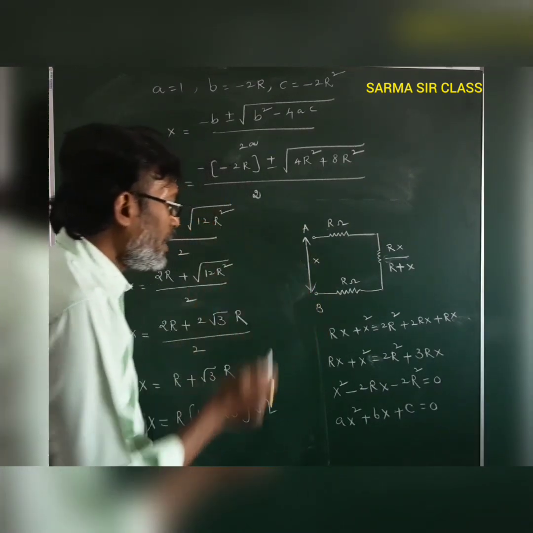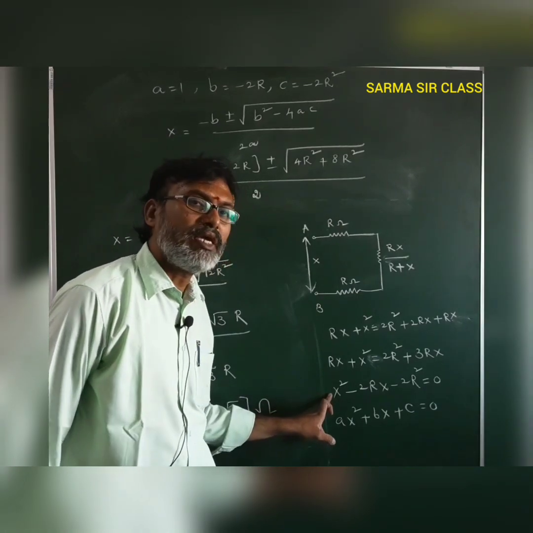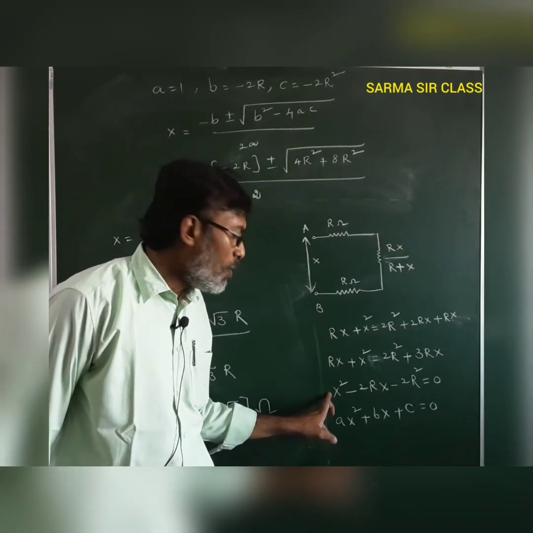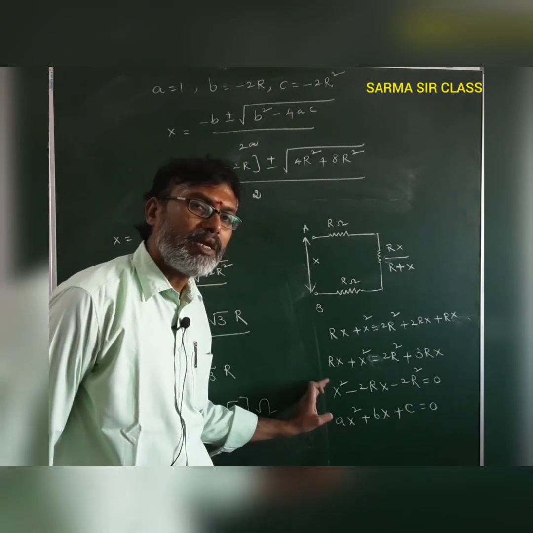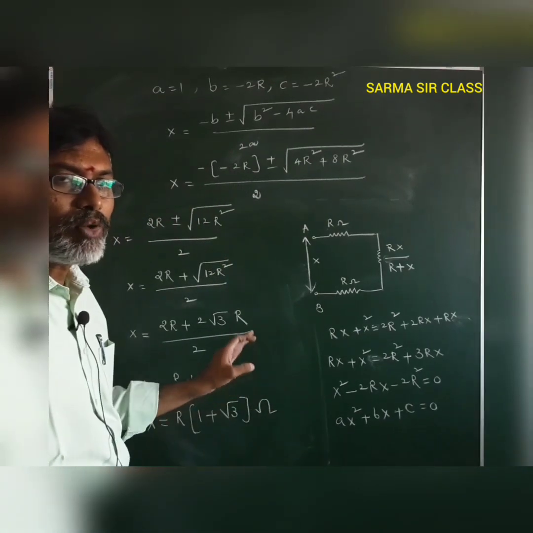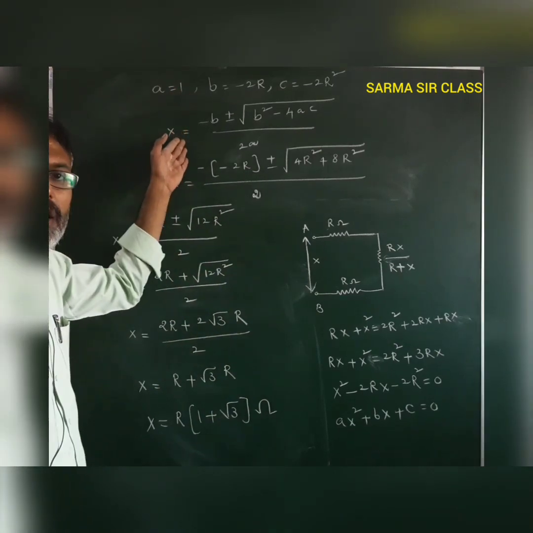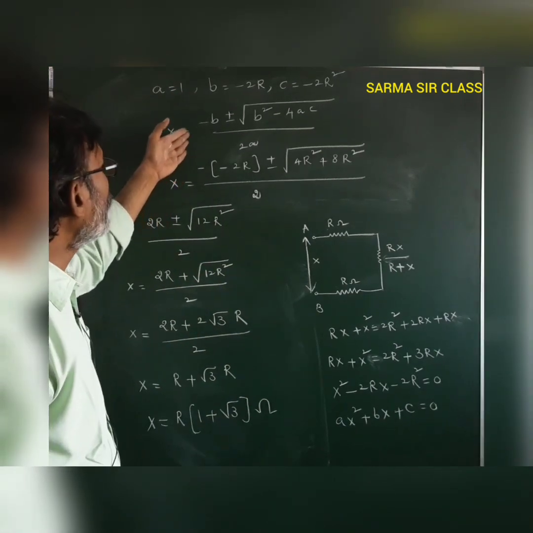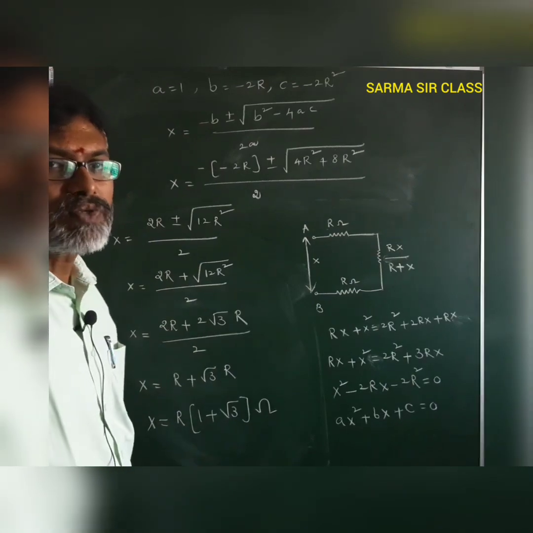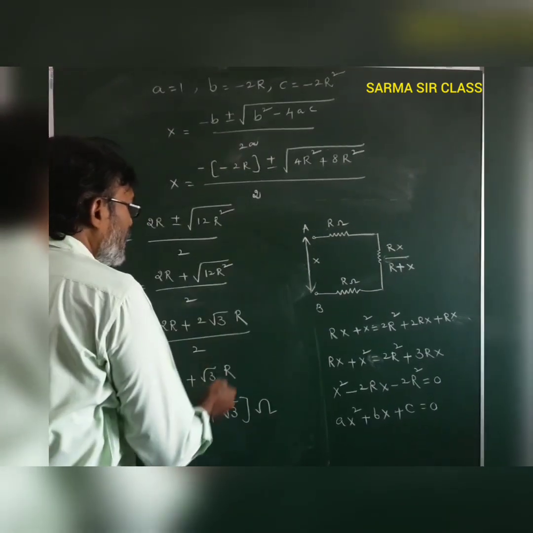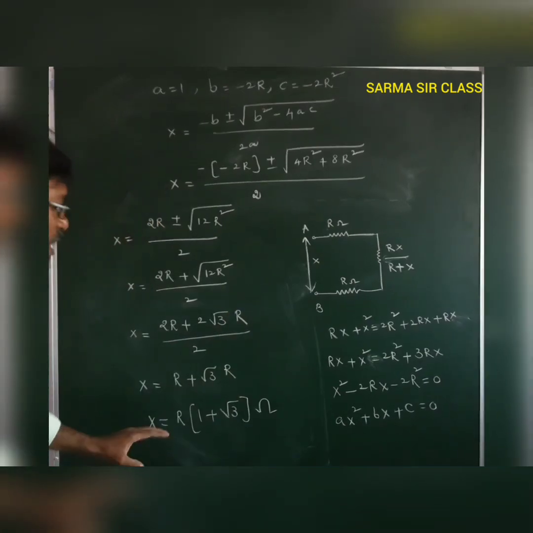With that, we get this equation in the form of ax square plus bx plus c equal to 0. Once this form is reached, immediately we identify the constants a, b and c. Then take the formula X is equal to minus b plus or minus root over b square minus 4ac by 2a, and by solving you will get one generalized formula.